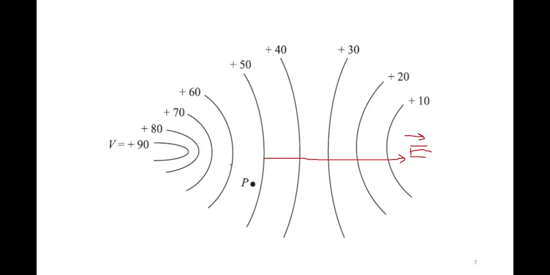And let us consider that the normal to these surfaces is directed towards the higher equipotential surface. Let's say a_n unit vector. The a_n unit vector is directed to higher equipotential surfaces.